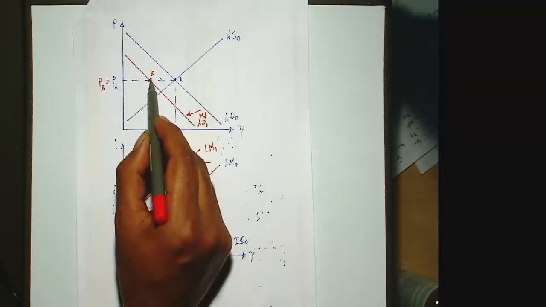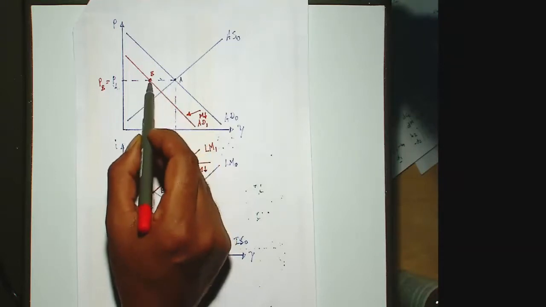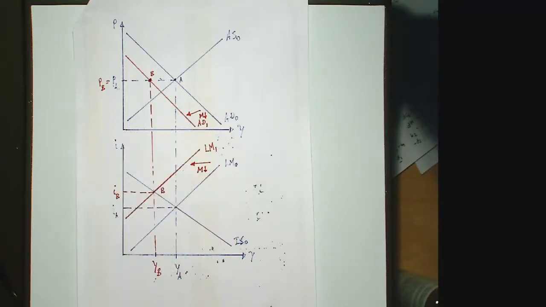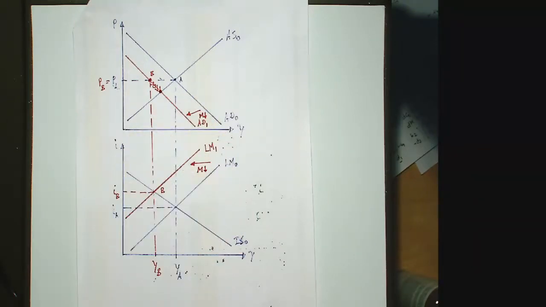Here at point B, as you can see, aggregate supply is around here. However, aggregate demand is here. So at point B, there is an excess supply in the market. If there is an excess supply in the market, we have already seen that there is an inverse relationship with the price, where prices should reduce or adjust to a point where aggregate demand is equal to aggregate supply.